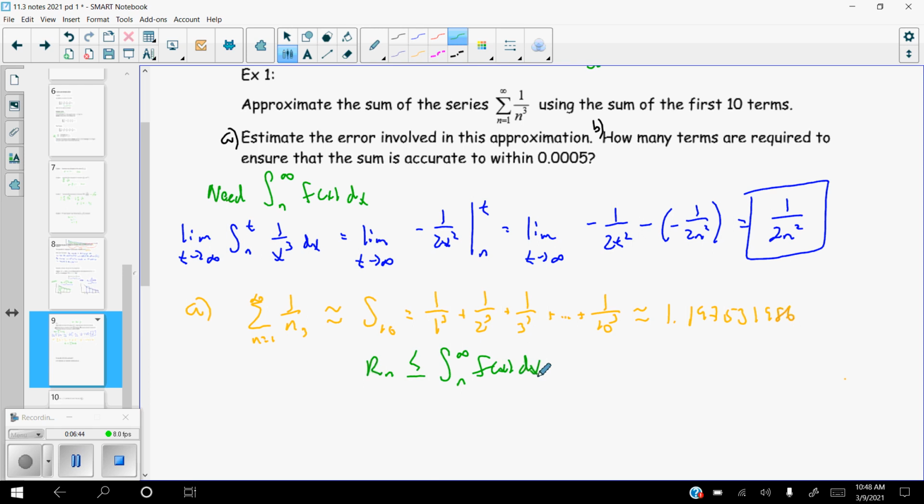Okay, so we're talking about the remainder based upon the sum of the first 10 terms will be less than or equal to the integral, well, if we're talking about n is 10 to infinity of f of x dx.